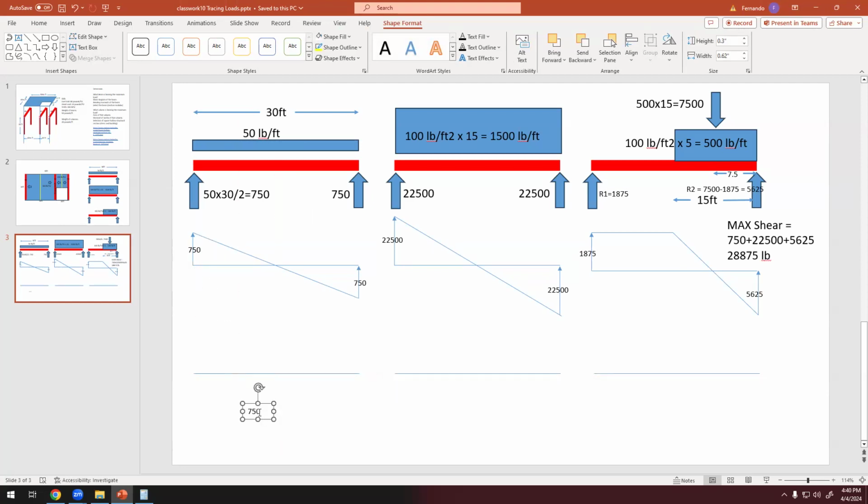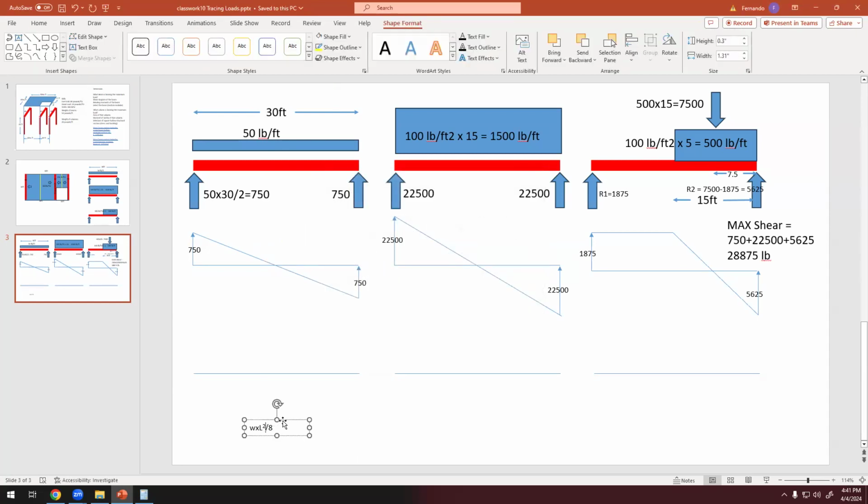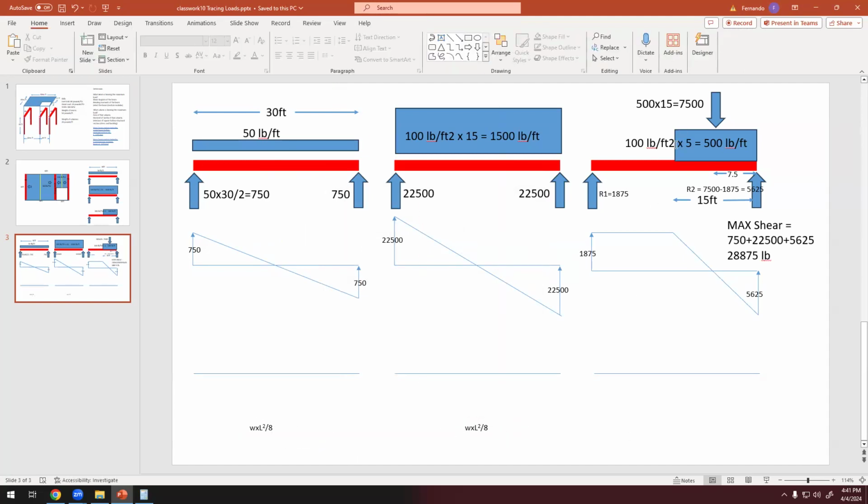So this will be true here and here. It won't be true here because this is not a uniformly distributed load throughout the beam.